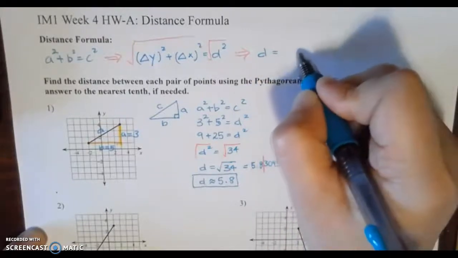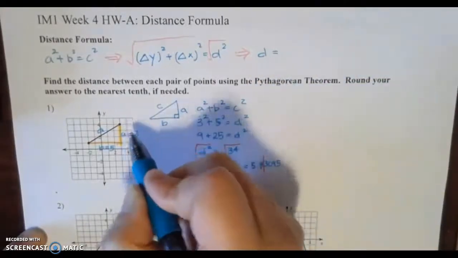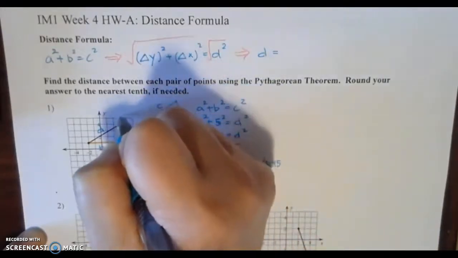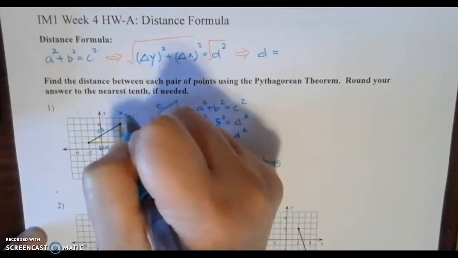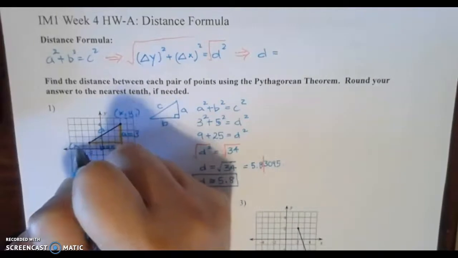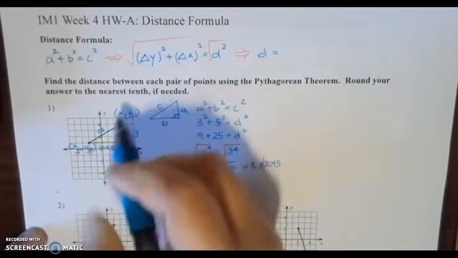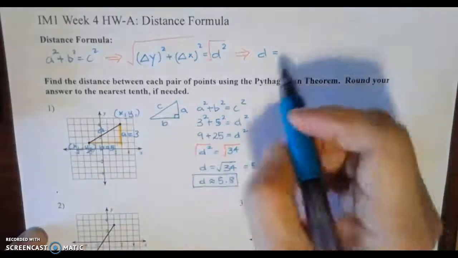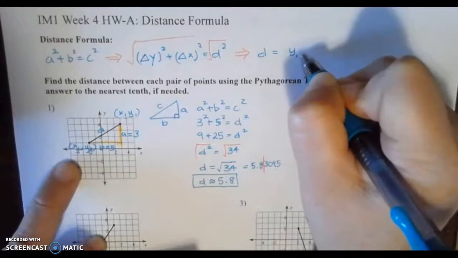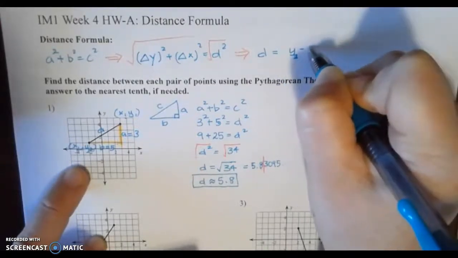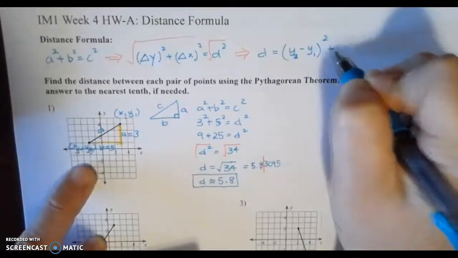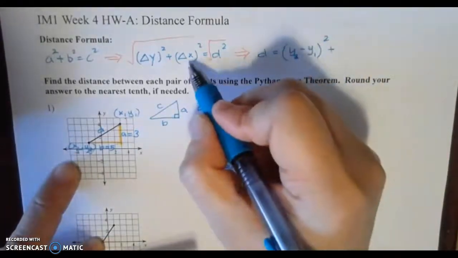If I have this point as x1, y1, and this is x2, y2, point 1 and point 2, then distance is y2 minus y1 whole squared plus, what's change in x squared?